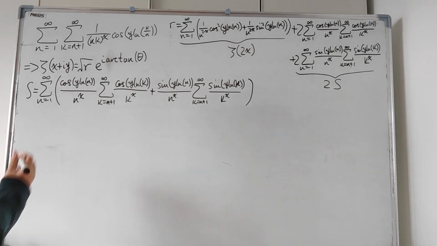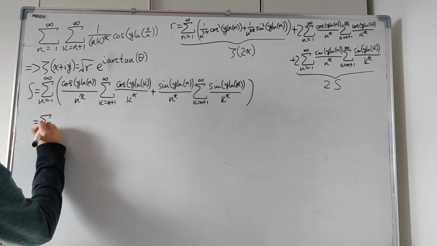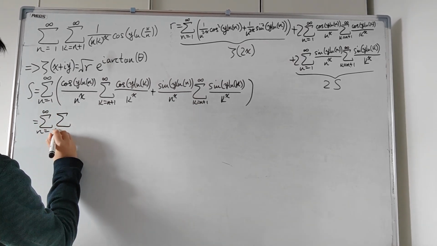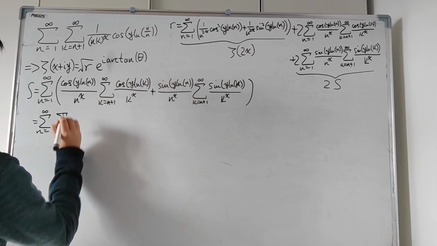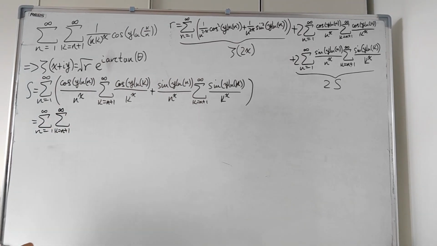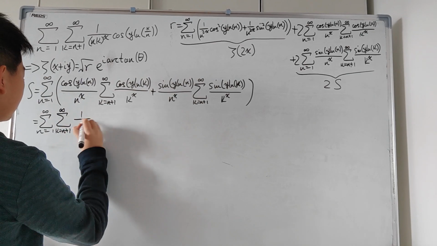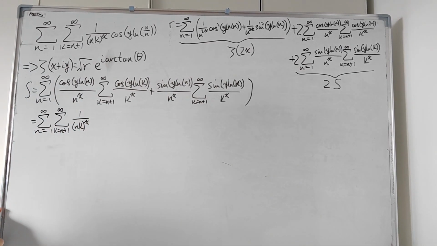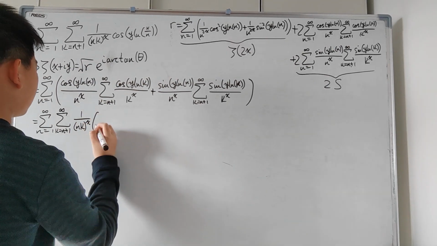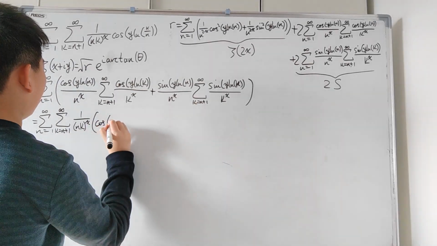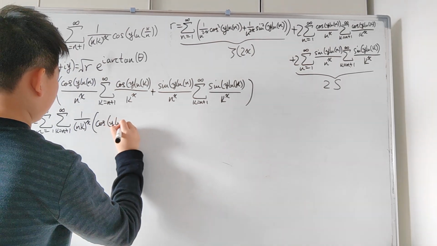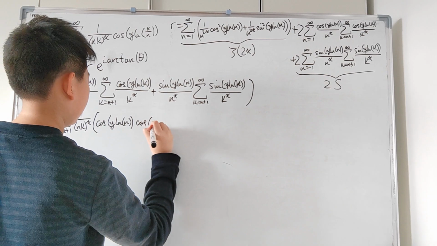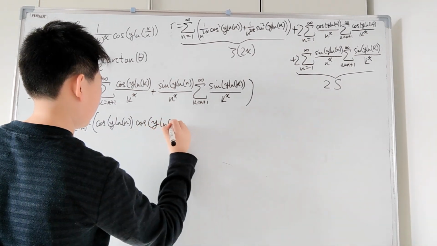And so we would get this sort of double sum. Sum k equals n plus 1 to infinity, and then here we have 1 over nk to the x, and then we have cosine of y natural log of n, cosine of y natural log of k.